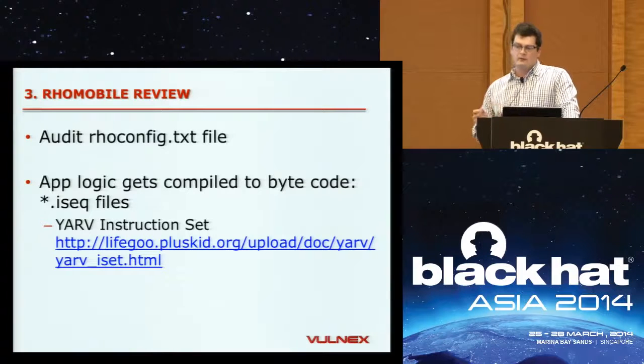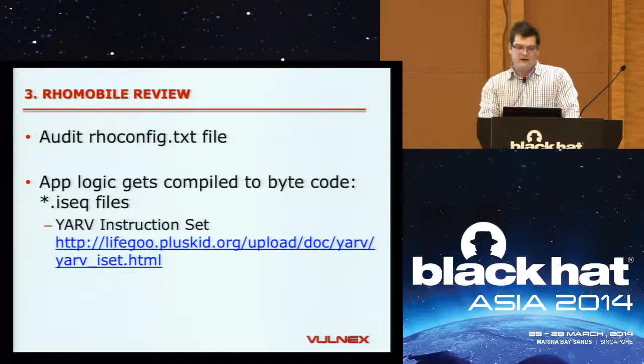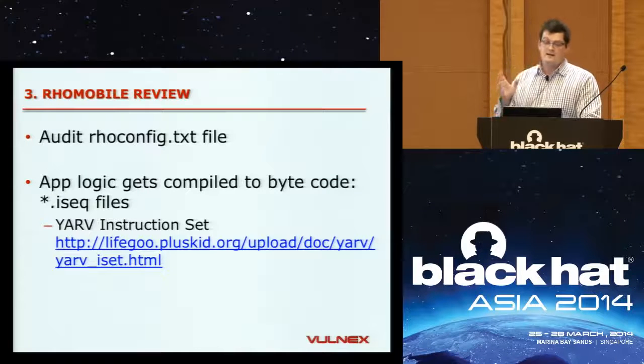When we want to review this application, we look for the rhoconfig.txt file. We also want to reverse all these ICQ files. I have tried several Ruby decompilers, but so far none of them are working for us.